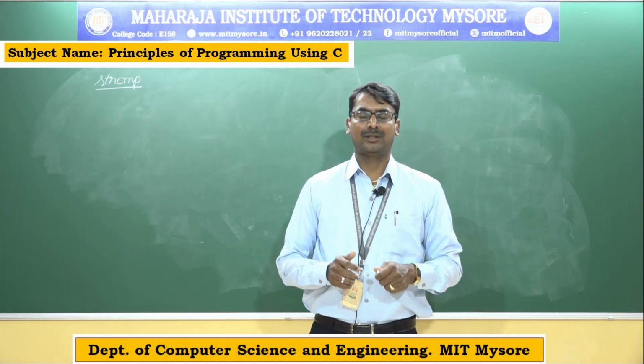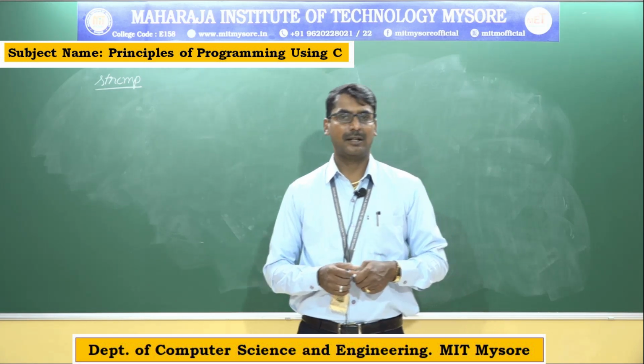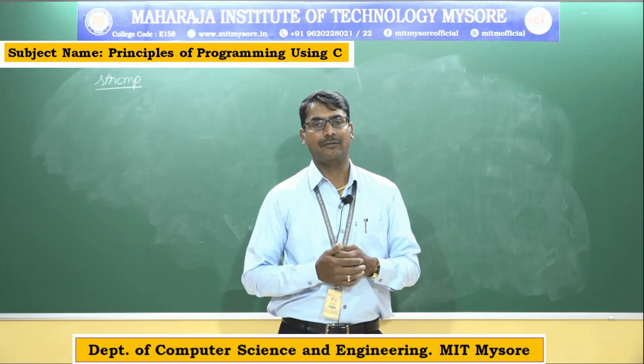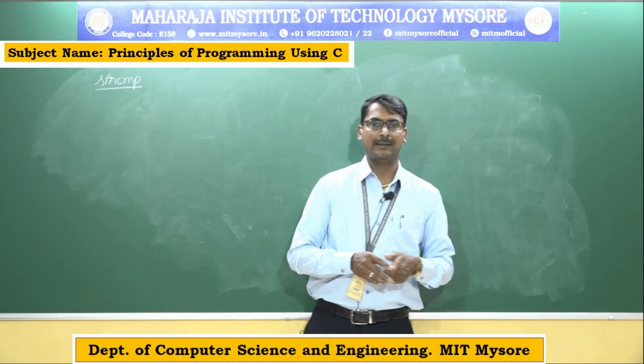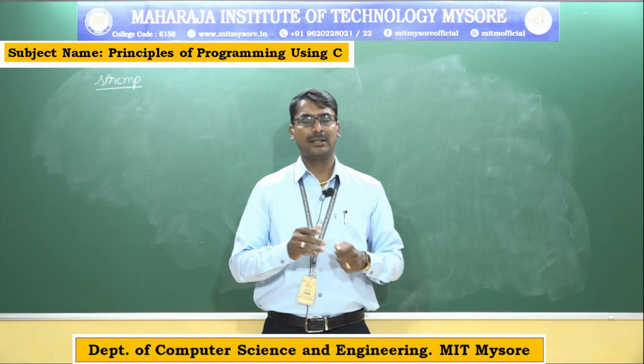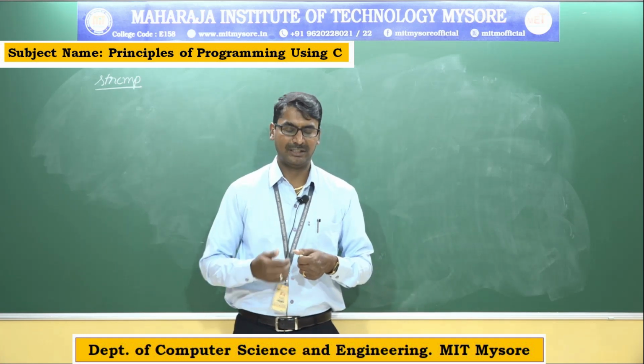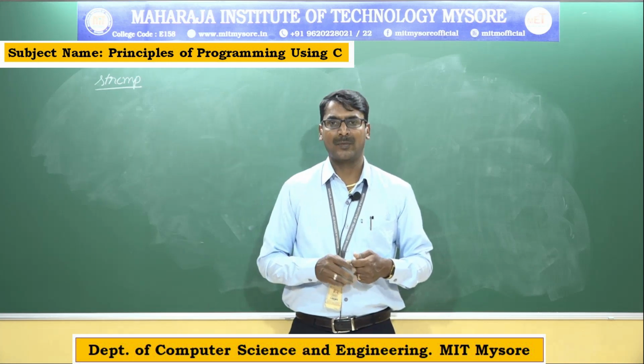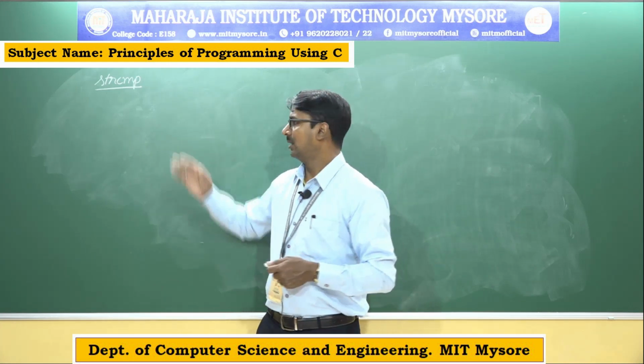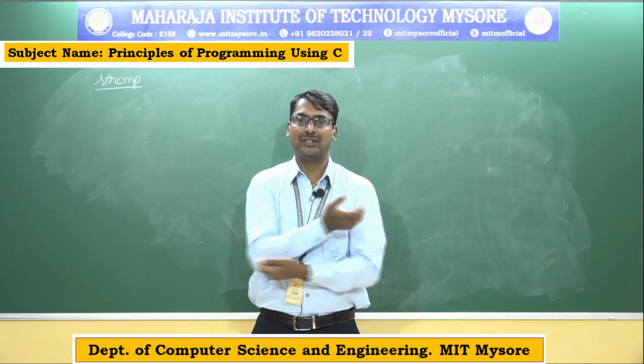In order to compare whether two strings are equal or not equal, we use the function called strcmp. So strcmp compares the content of one string with the other string. If both strings are equal, the strcmp function returns 0.